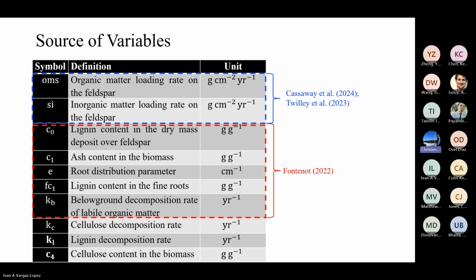And all other parameters, like lignin content in the dry mass, ash content in the biomass, root distribution parameters, lignin content in the fine roots, are all taken from Andy's thesis. Cellulose decomposition rate and lignin decomposition rate are from Means et al. 1985. And the cellulose content in the biomass, marsh organ, is from Wilson, 1985.